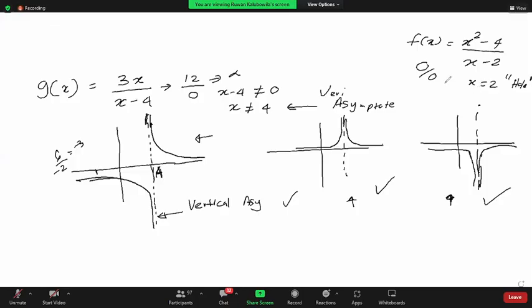And in that case we mentioned here, x equal to 2 as a hole. Right? But if you receive these kinds of things, then it should have an asymptote. Then the function behaves like this. That's the difference between this f(x) and g(x).